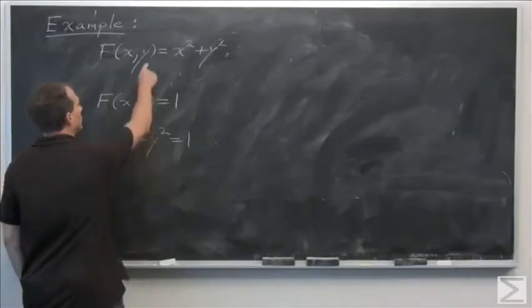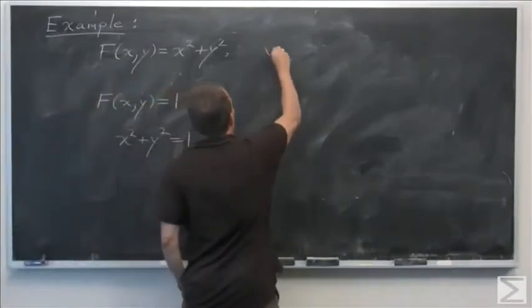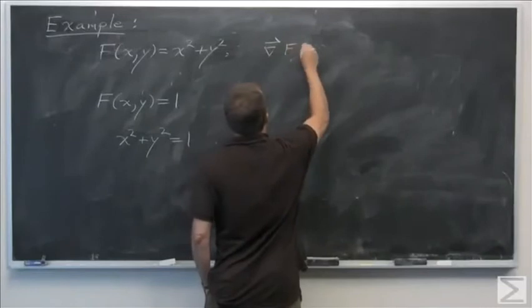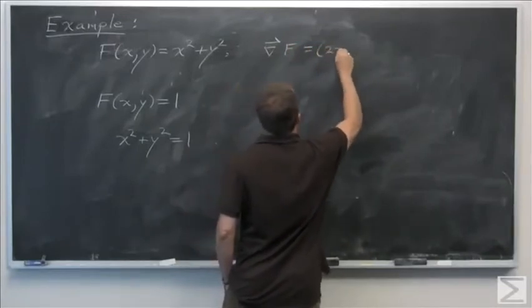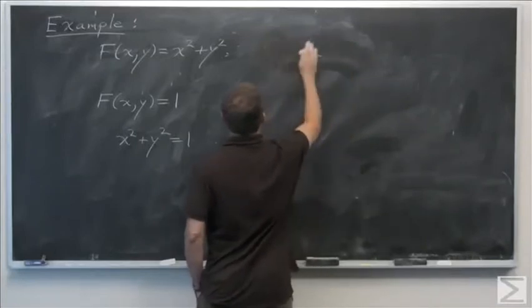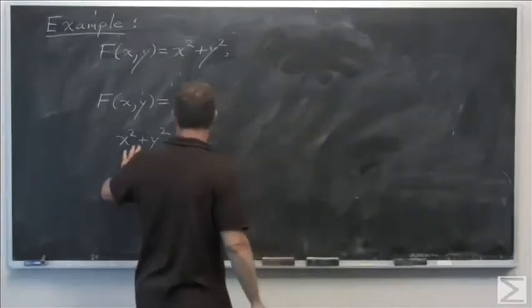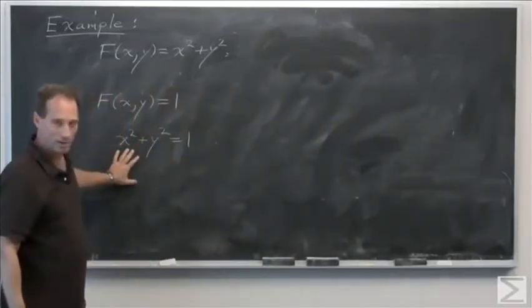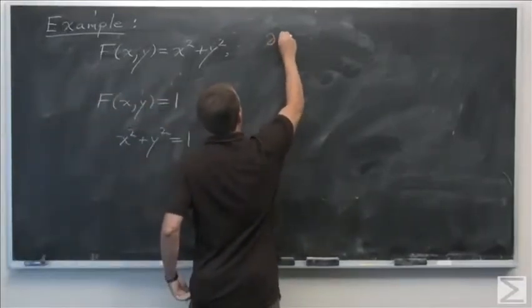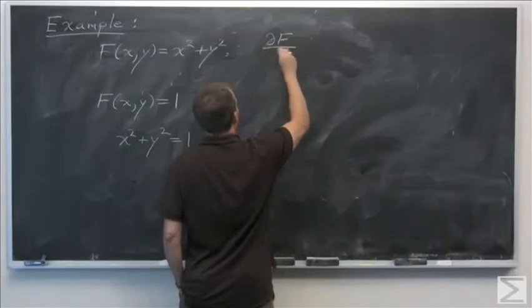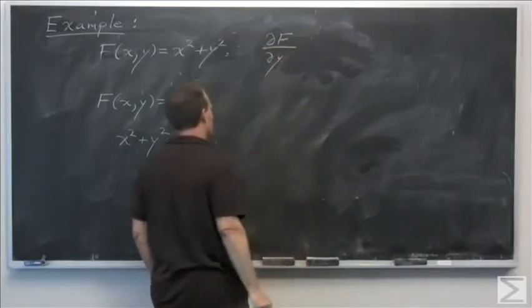So we need the gradient vector of f. The gradient of f is 2x. Actually, if we're trying to solve it implicitly for y as a function of x, then all we want is the partial of f. It's true, we only want to do this at points where the gradient vector is non-zero.